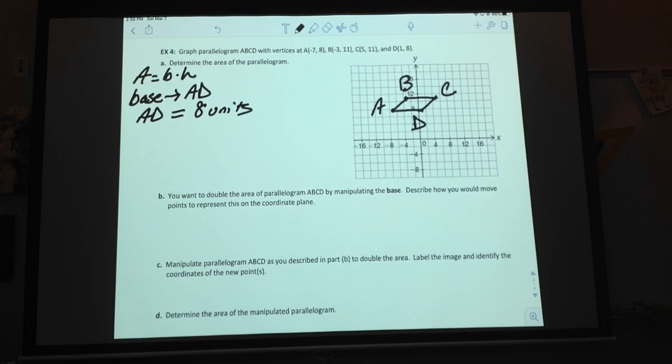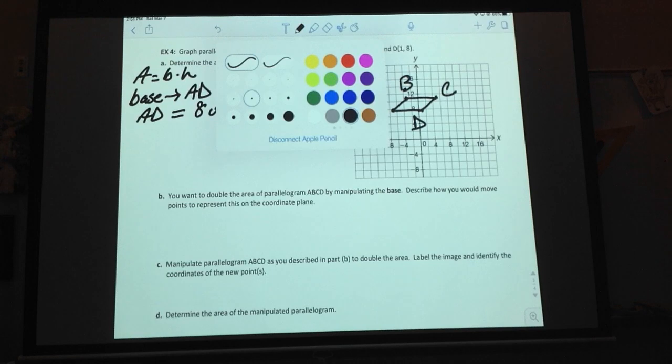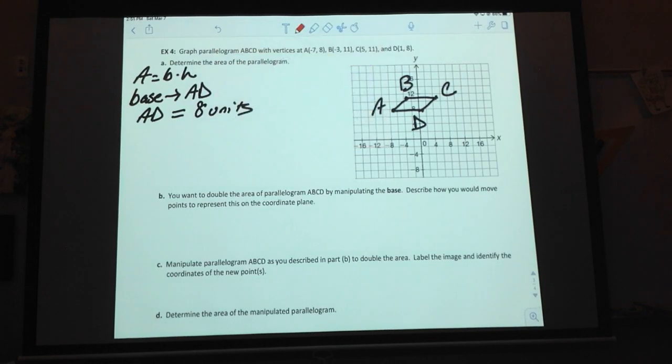The other great thing about the fact that it's a horizontal line is this: I get to draw my height down from vertex B down to AD, because a vertical line is perpendicular to a horizontal line. So not only do I get to count my base, I get to count my height as well. If I drop this right here, I know that is my height.